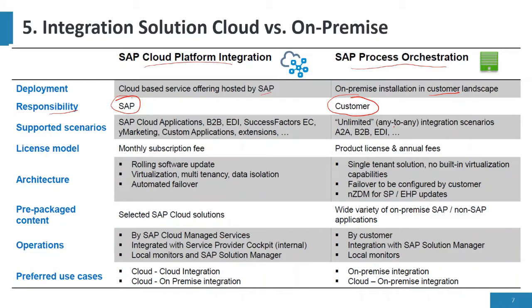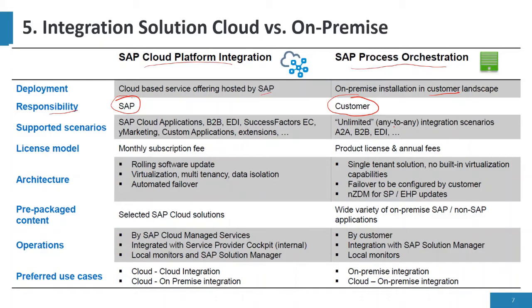So obviously CPI is not as mature. But that doesn't mean CPI is less capable of doing things. It has been built from scratch, and it has so many different capabilities for today's integration that you will see PIPO may lack.